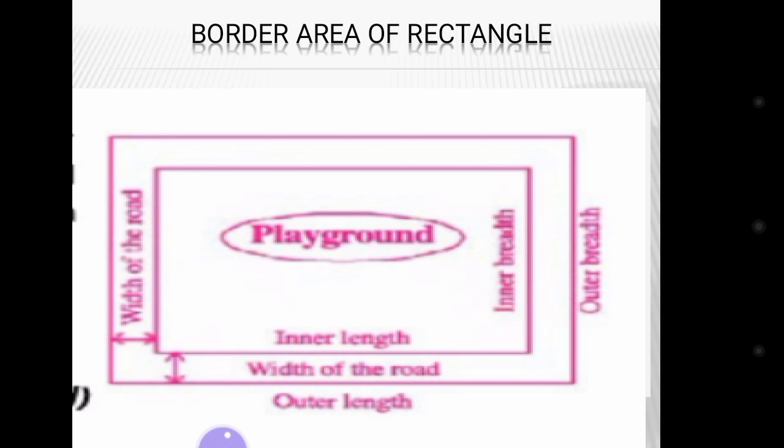Now we start our topic, border area of a rectangle. That is topic number 11.1 and part number 3. You can see in the picture there is a playground, that is the inner rectangle, and the road is made all around it.